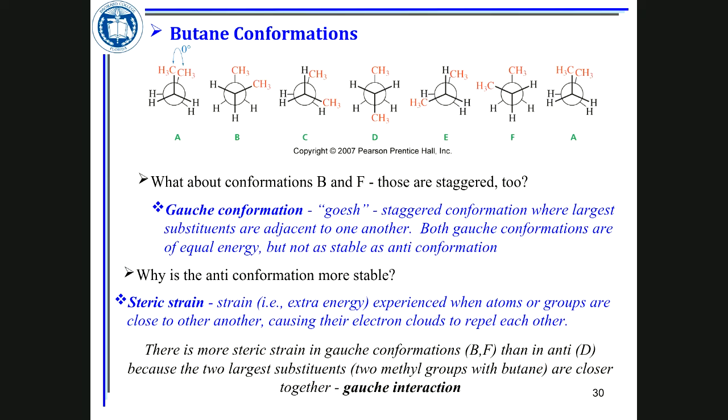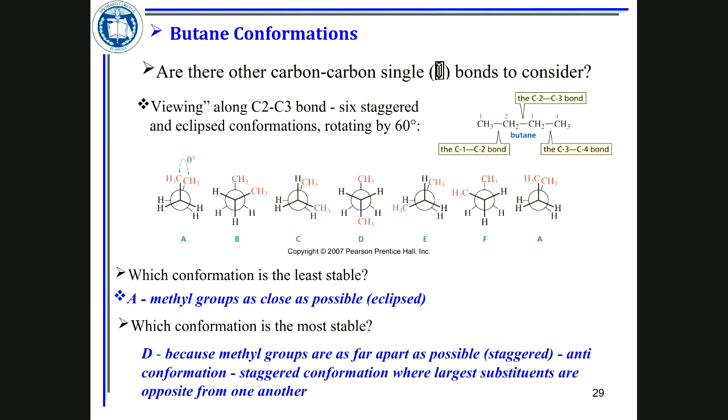So let me highlight this. You have the eclipse for A, where the metal groups are as close as possible to each other. Then you have the anti, the opposite, where they are opposite from each other. That would be point D. So you have your point A of the energy diagram, where the two metal groups are as close as possible to each other.